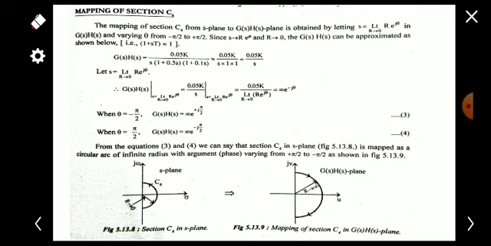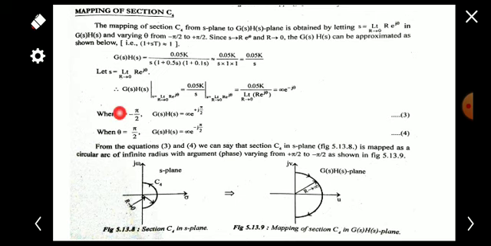And we know that we are going to put the value of s as limit r tends to 0, r e raised to j theta. So here 0.05 k divided by limit r tends to 0, r e raised to j theta. The power of s is 1, so we can simply write r e raised to j theta alone. If r tends to 0, since r is in the denominator, the magnitude will become infinity, and the phase angle corresponds to e raised to j theta.